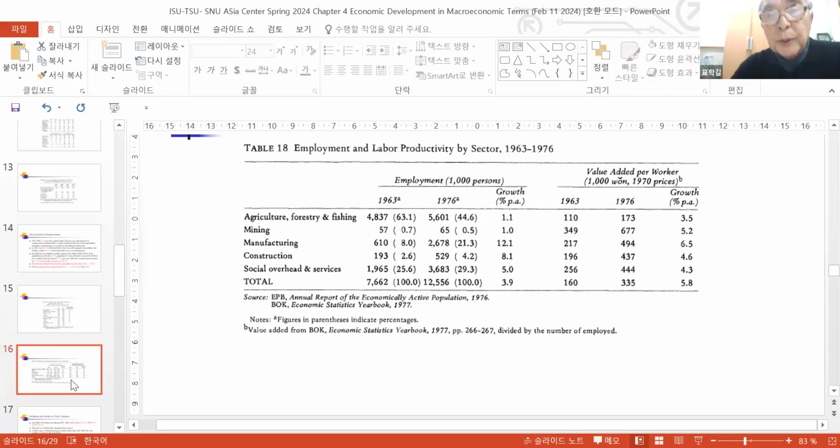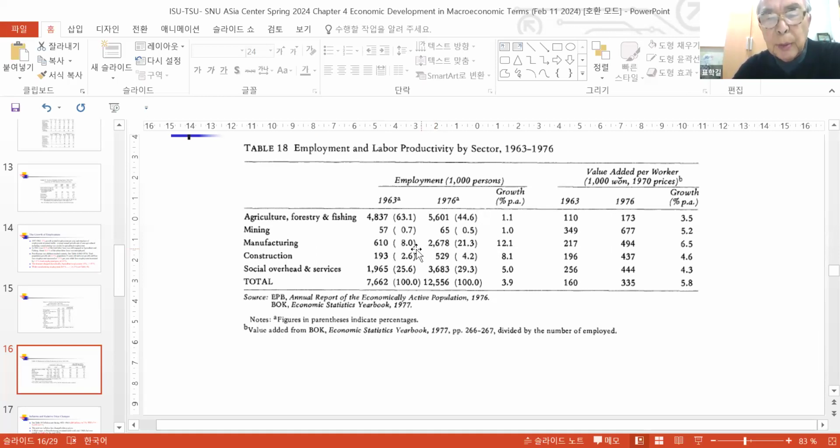What is employment and labor productivity? For example, if you look at this from 1963 to 1976, the manufacturing case. Employment was only 610,000, but increased superbly to 2.6 million by 1976. What is the share?